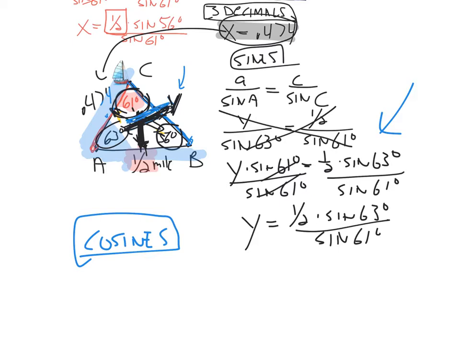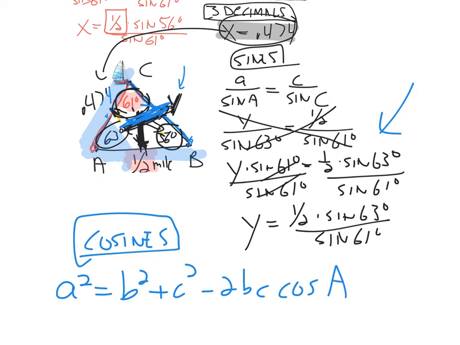Here I want to find side A, so I'm going to write a squared equals b squared plus c squared minus 2bc times the cosine of A. Make sure that whatever side you're solving for, that's the angle that you're using.